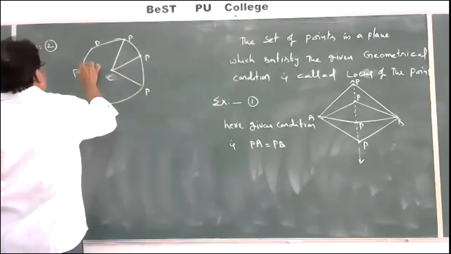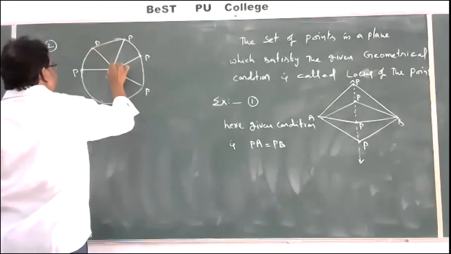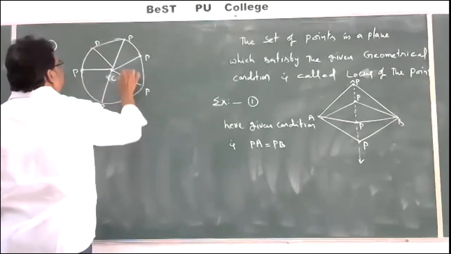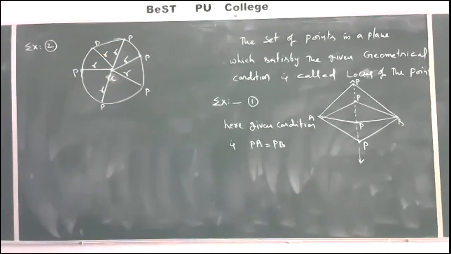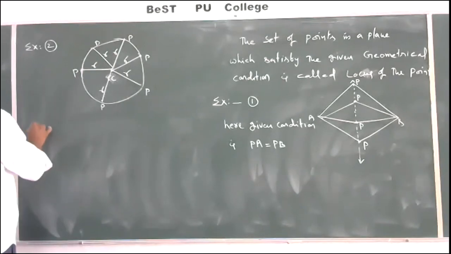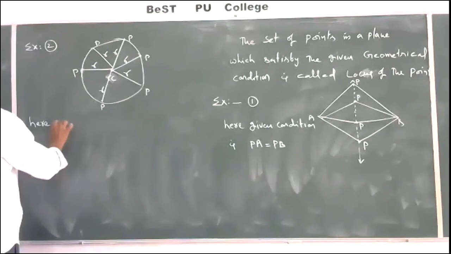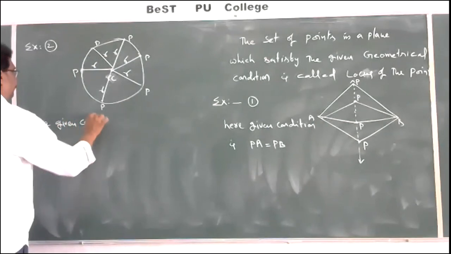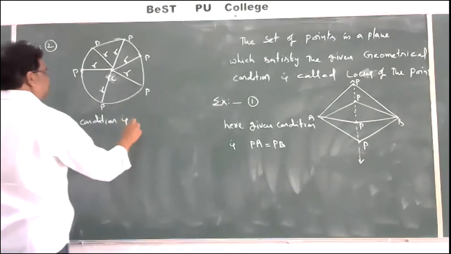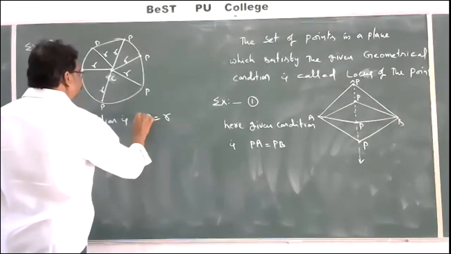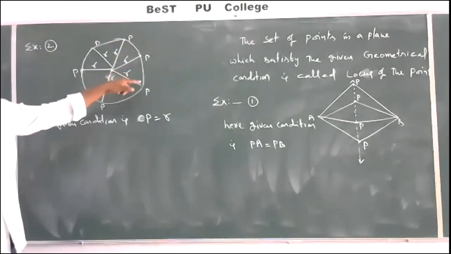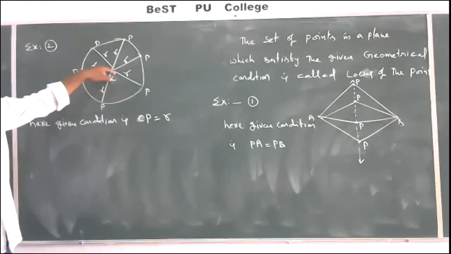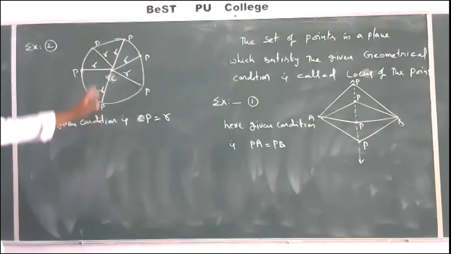You copy this example figure also. Here the given condition is CP is equal to R. C is the fixed point.